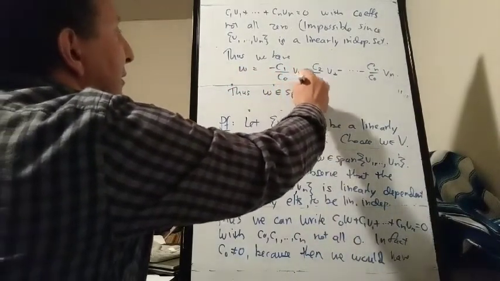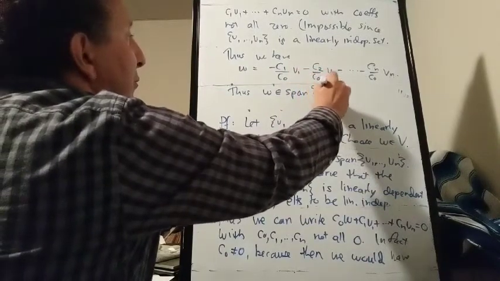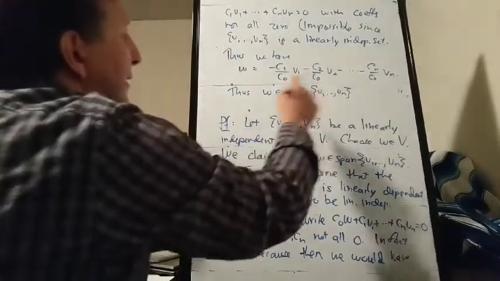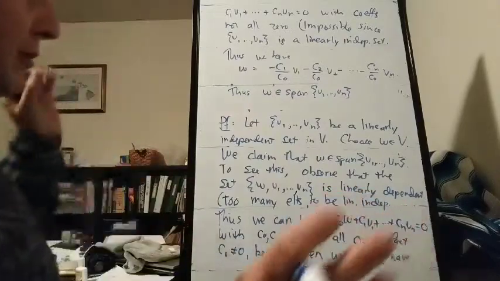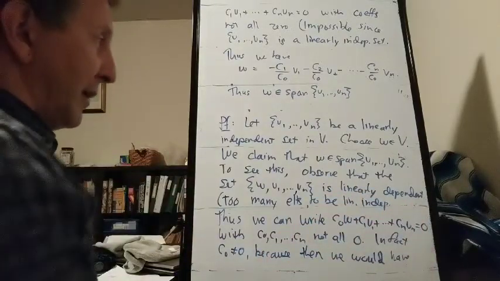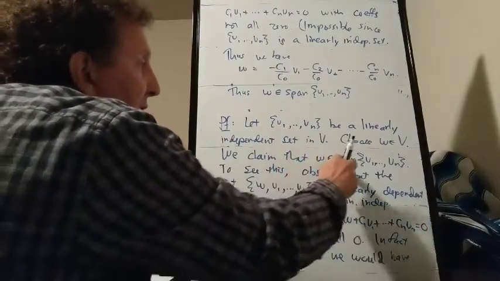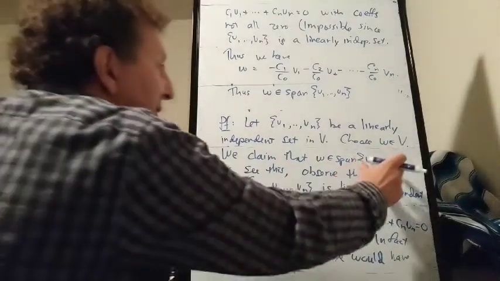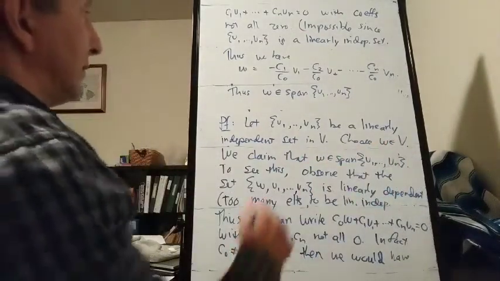So W does belong to the span of V1 through Vn. And since W is just some arbitrarily chosen vector in the vector space, that means that any element we might choose belongs to the span of those. In other words, these do span the whole space.